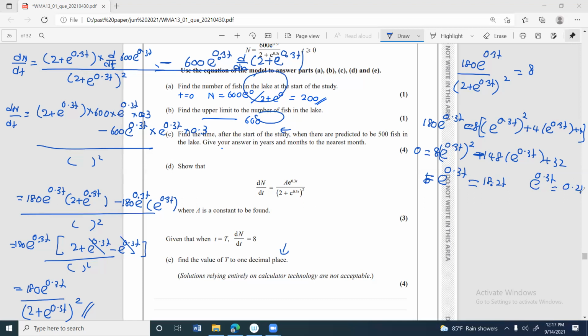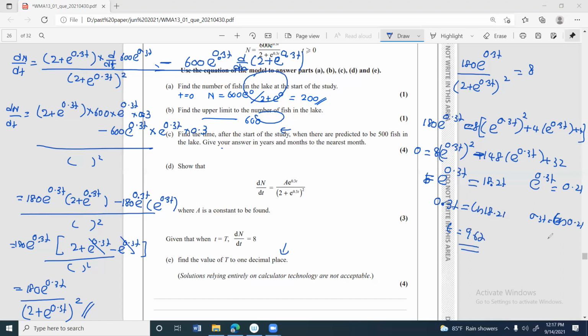If you get these facts, then from here you can say 0.3t is equal to ln 18.21. Another one is 0.3t is equals to ln 0.21. Actually, t is equals to ln 18.21 divided by 0.3, it's 9.67.